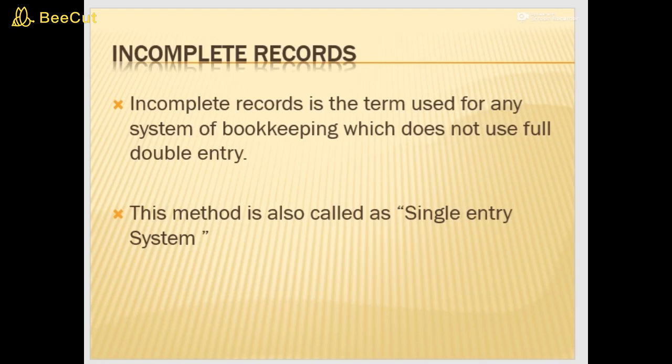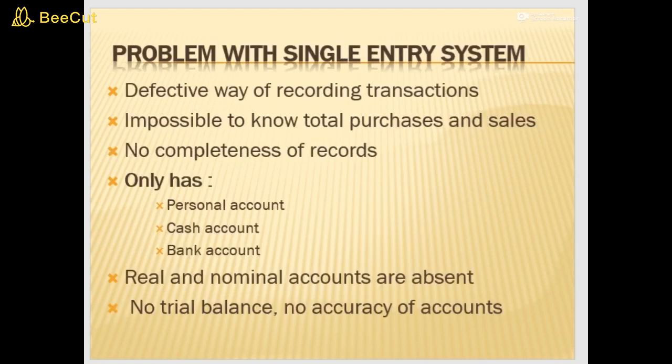That means the double effect of a transaction is not recorded; we never pass journal entries, we only record cash and some details of personal accounts. This method is also called the single entry system.